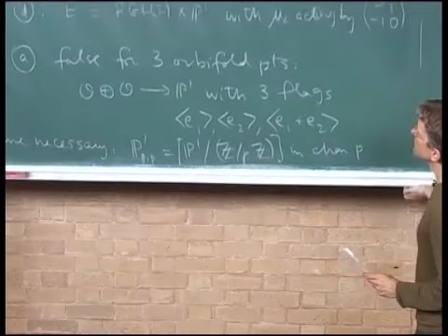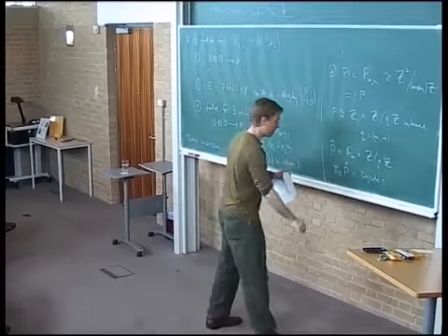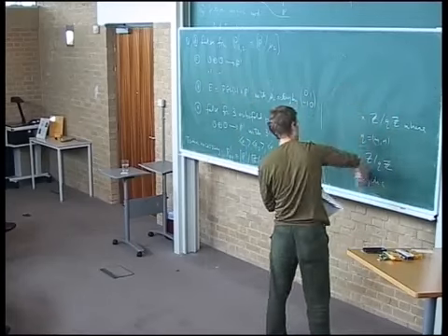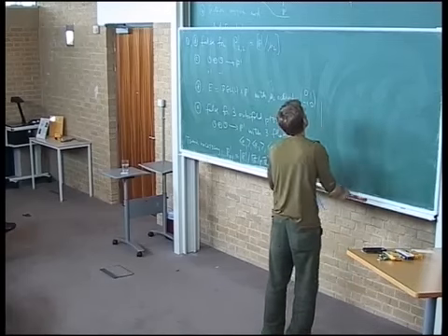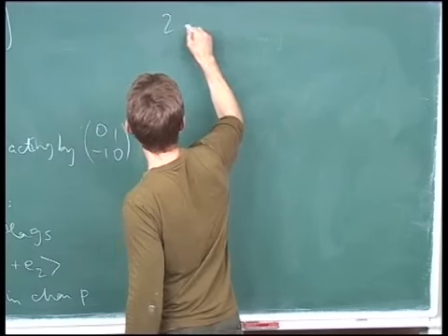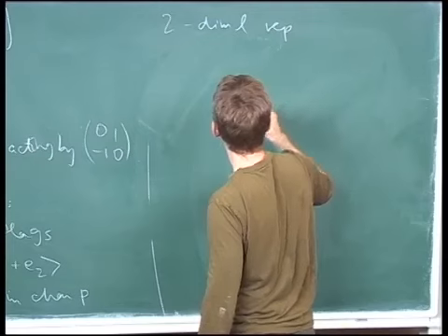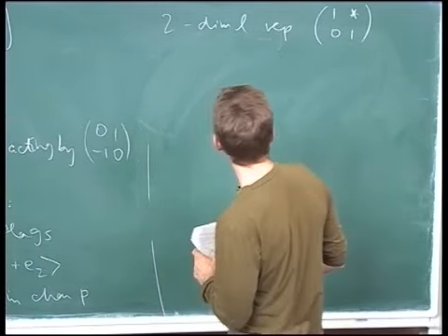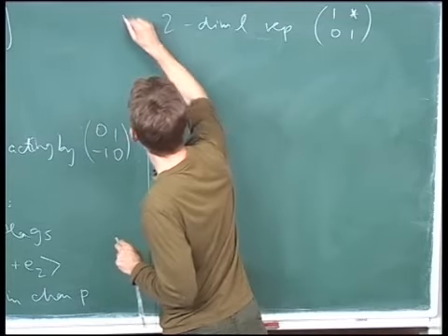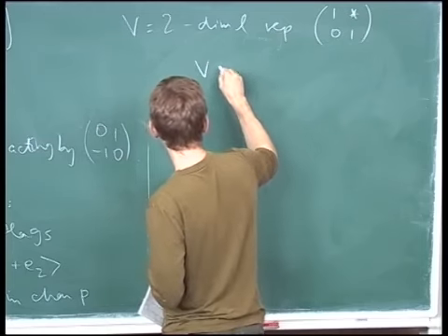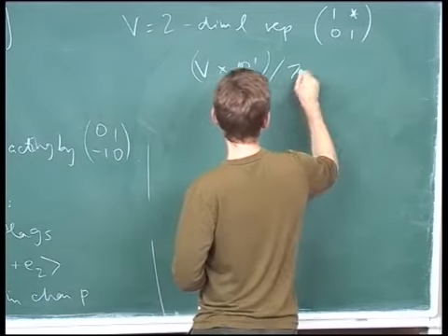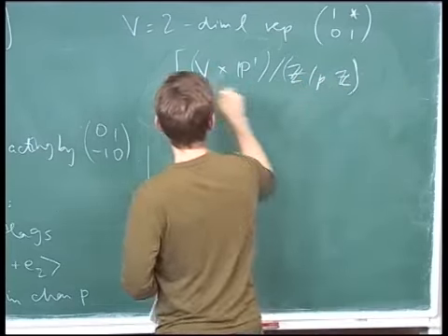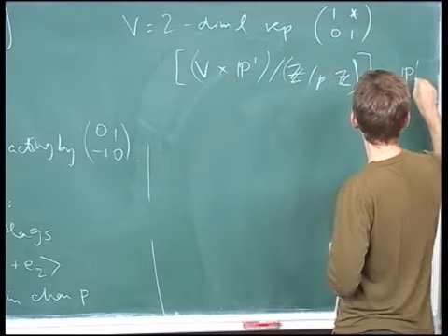Well, if I just take the 2-dimensional representation of this group in characteristic P which is not completely reducible, I let that be V, and then this quotient becomes a rank 2 vector bundle over P1 mod Z/PZ.